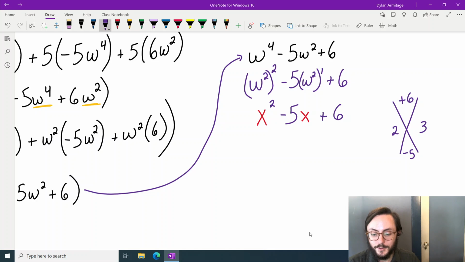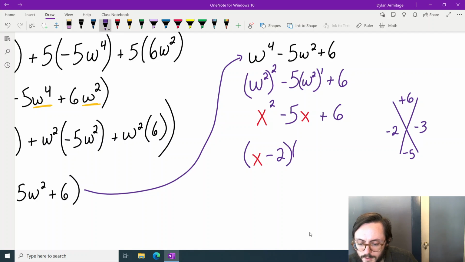Because negative 2 times negative 3 would be positive 6. Negative 2 plus negative 3 would be negative 5. So we can rewrite this as x minus 2 times x minus 3.